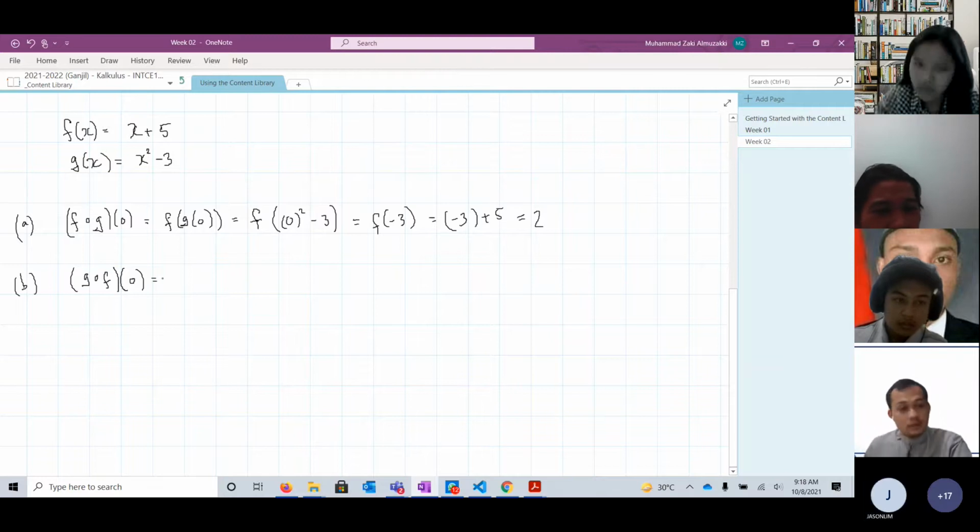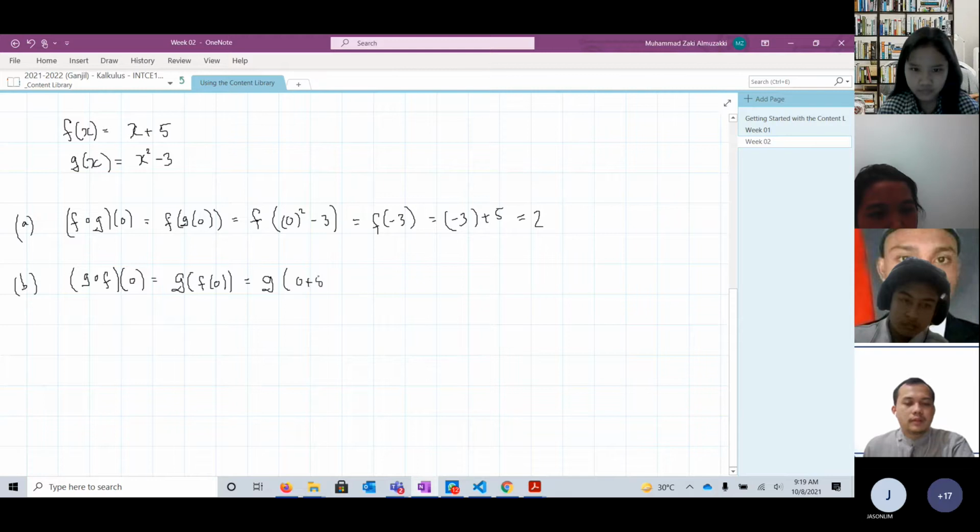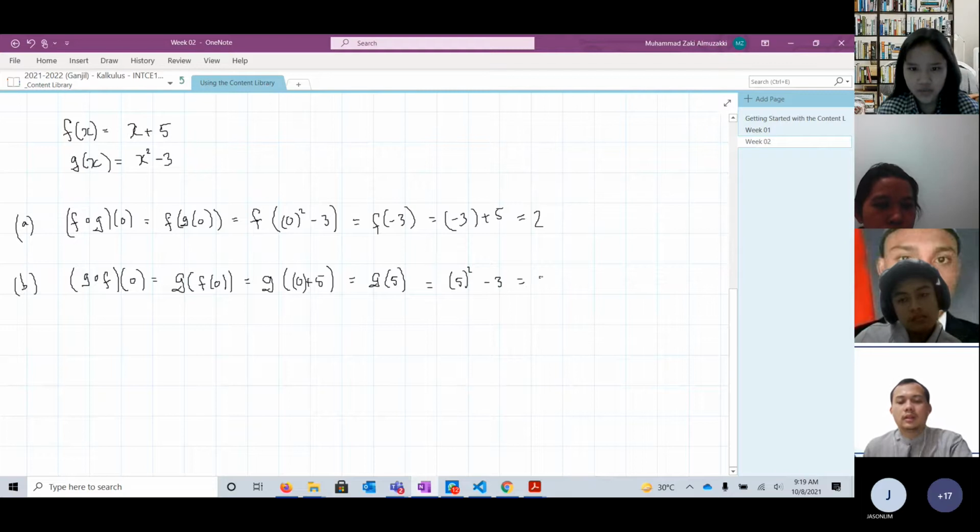22, sir. 22. Okay, let's check together. We have g of f of 0. That's why in here we have g of 0 plus 5, g of 5, meaning that we have 5 squared minus 3, which is 25 minus 3, which equals 22.